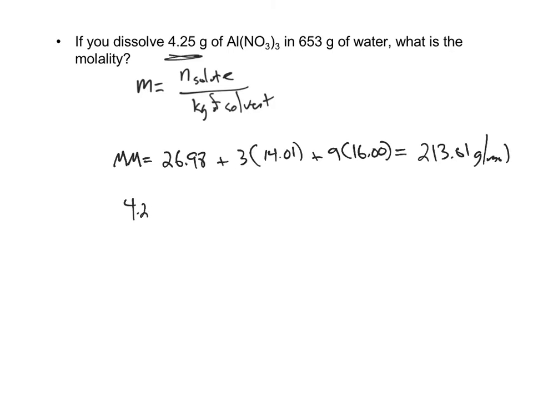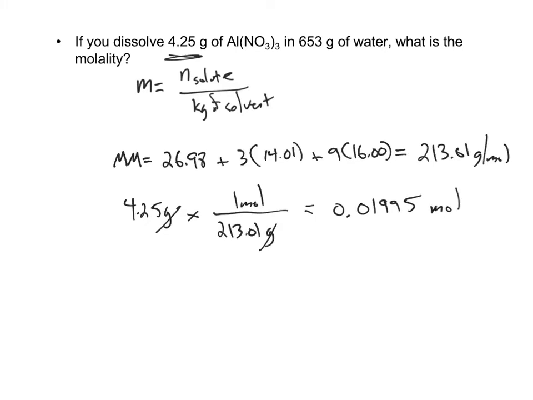So I'll take my 4.25 grams, divide that by the molar mass, and I get 0.01995 moles. I know I kept an extra significant figure, but that'll save me some rounding errors.